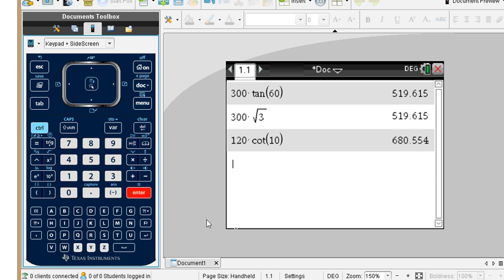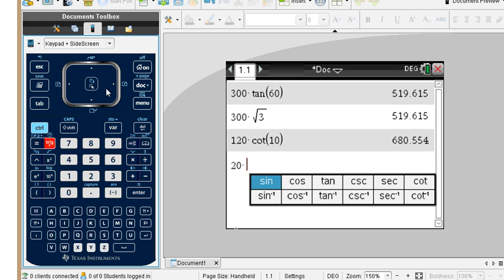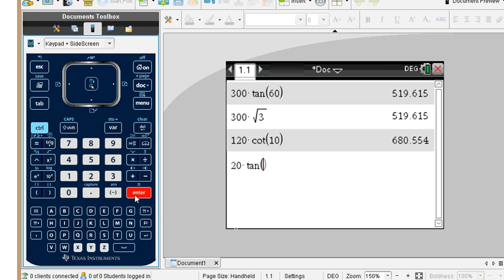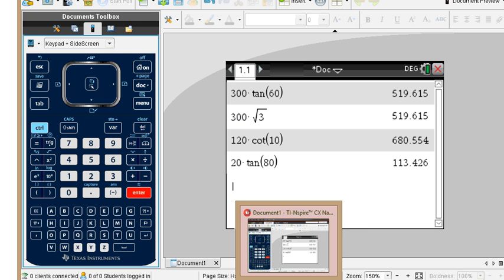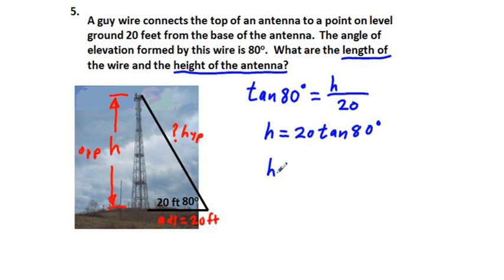And we can go to our calculator. 20 times tangent of 80 degrees. We're going to get a height of 113.426. That's going to be units of feet.